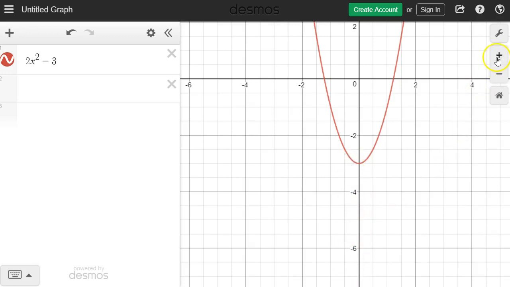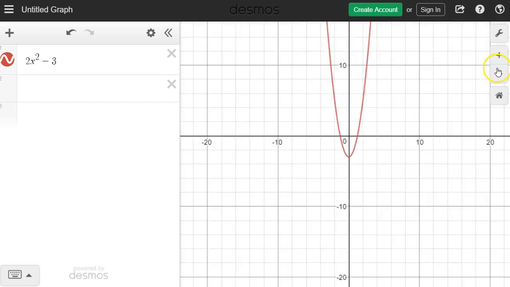So the range for this is from -3, and then it goes up forever. So it's from -3 to positive infinity. So the vertical axis is the range. We don't have any numbers down here, so there's nothing down here as part of our range. The range is from -3 to positive infinity.